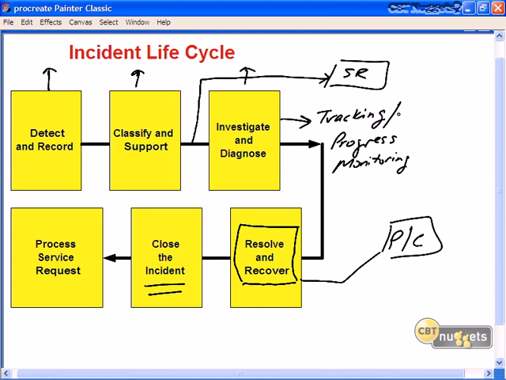For example, when you call a service desk and hear, "This call may be monitored for quality assurance." Or maybe you have a software solution in place. So tracking and progress monitoring works in parallel all along the way.